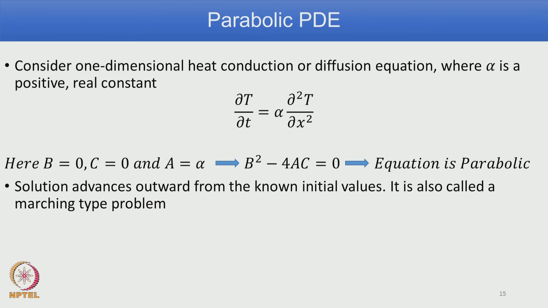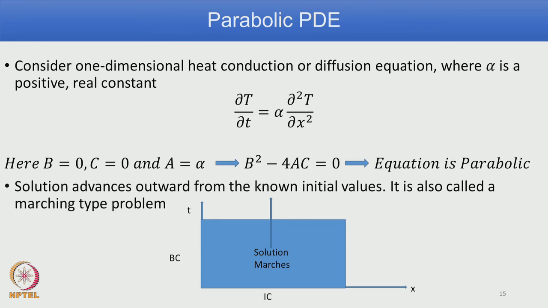Such a problem is also called a marching type problem, and sketch wise it is given here. This is the starting point where you specify the initial condition, and there is a boundary condition for different time values, and the solution marches in one direction. You do not come back and try to implement the boundary condition at time equal to 0.